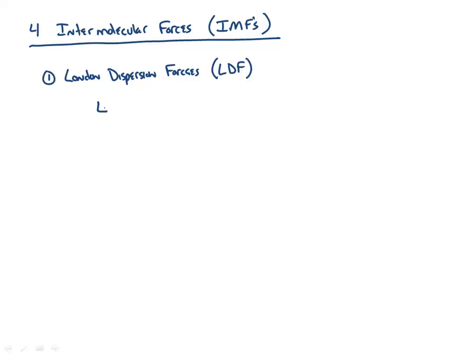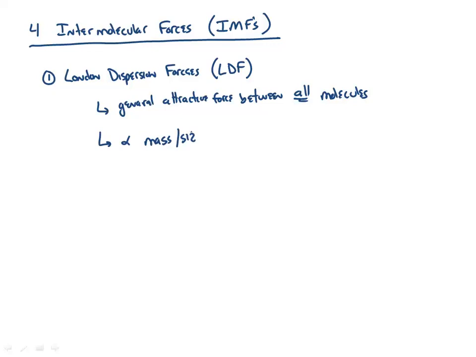And this is a general attractive force between all molecules. And the key here is it's between all. And it's proportional to the mass or the size of the molecule, meaning larger molecule, larger attractive force.